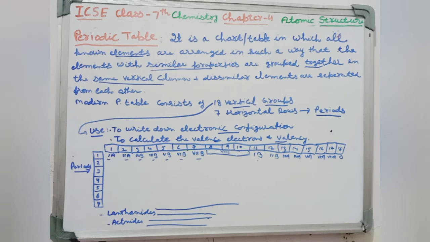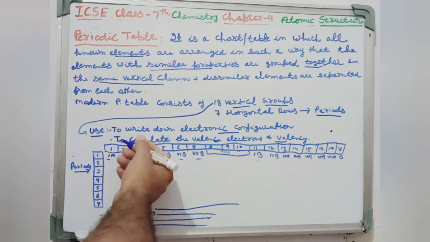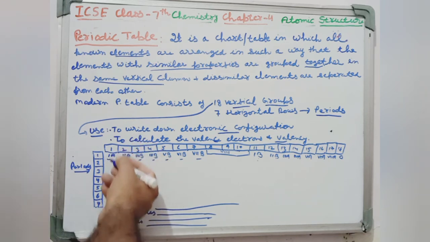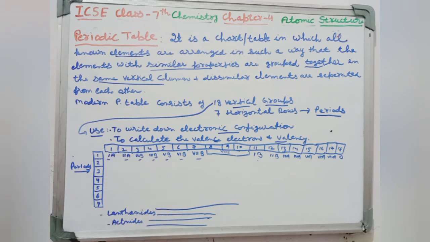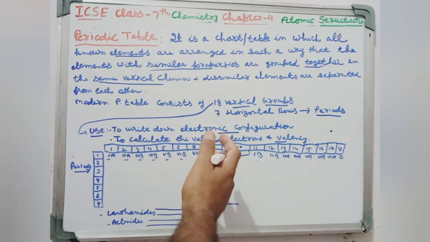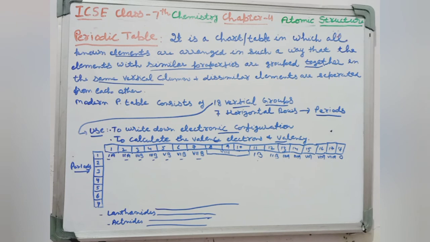What is its importance? Its importance is it has systemized the study of elements, thereby making the study of elements simple and easy, as elements with the same properties are grouped together and different ones are in different groups.